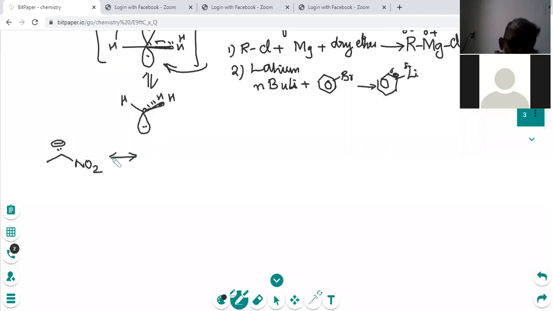Now let me write the resonance structure of this. See how you are writing the resonance structure. Resonance structure means delocalization of charge.